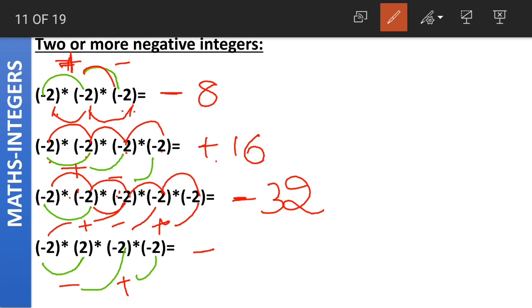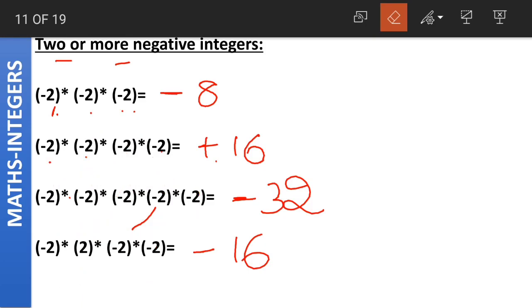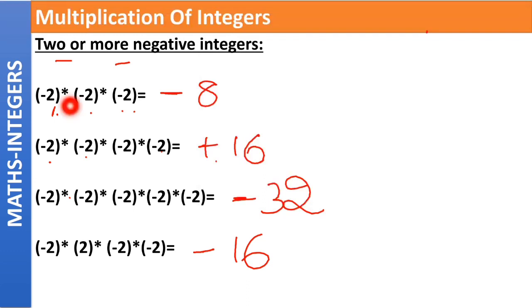Coming to the absolute values, 2 2s are 4, 4 2s are 8, 8 2s are 16. Is this clear? How did we do this? First we found out the sign of the result and then we multiplied the absolute values. But if you observe a pattern here, what I want you to do is observe the pattern.